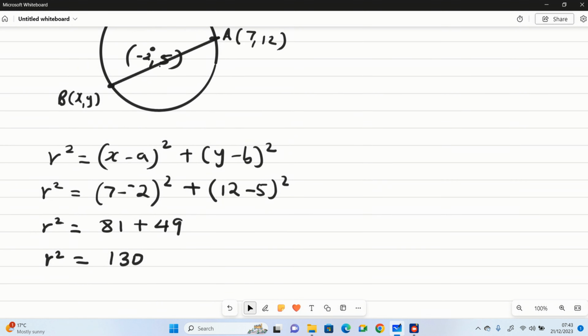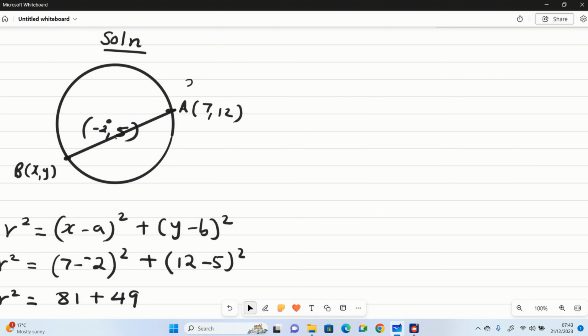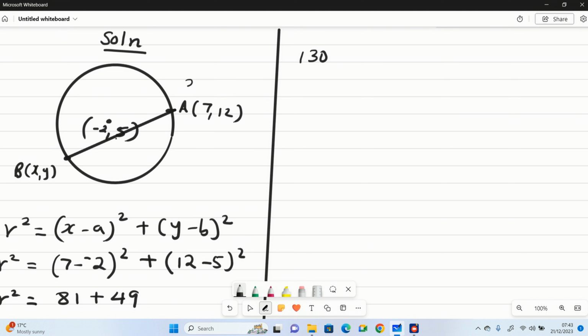So we can use the general format of the formula to get the radius and come up with an equation. Our radius squared is 130. Let me create here a boundary to separate the two workings. So 130 equals, we said we can take an unknown point on the circumference, which is B. So we can have (x minus our center, which is negative 2) squared plus (y minus 5) squared.